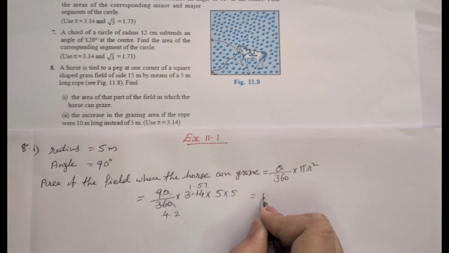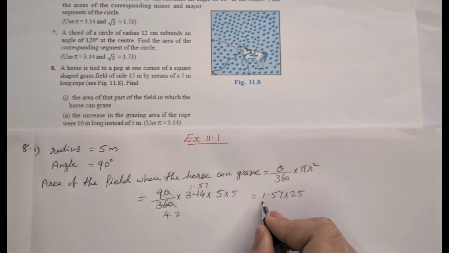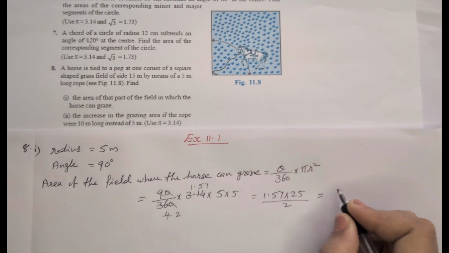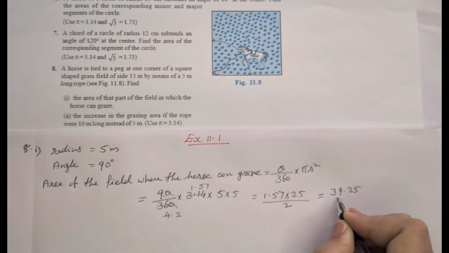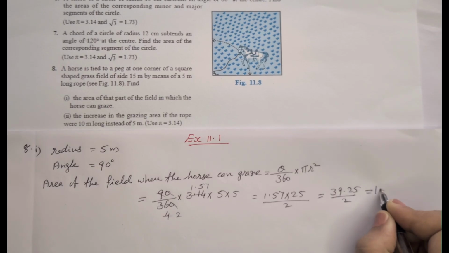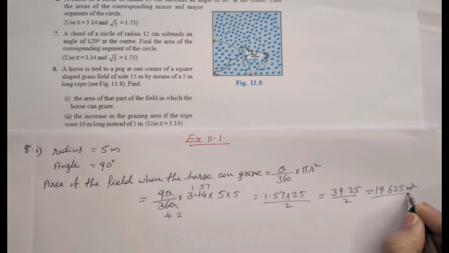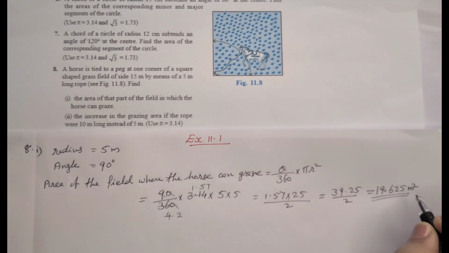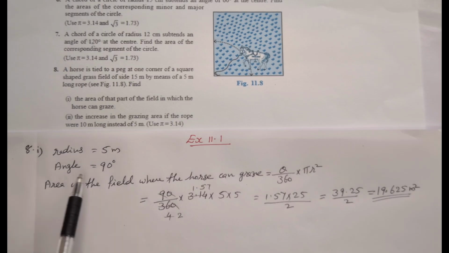So we are getting 1.57 into 5 into 5, 25, divided by 2, which is equal to 39.25 by 2, 19.625 meter square. That much area, when the radius or length of the rope is 5 meter, the horse can graze.